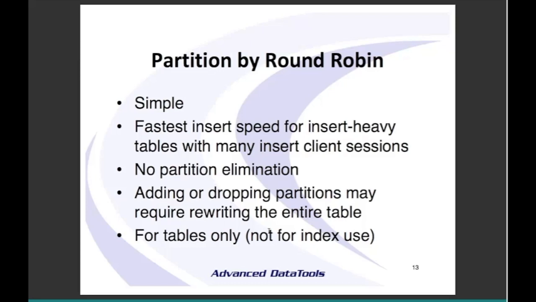In fact, there's a little bit of overhead with that. And lastly, round robin only works for tables. It doesn't work for indexes. And I'm going to talk about indexes later because they're a whole separate problem with partitioning. But when you partition something by round robin, you put the index someplace, and there's one index for however many partitions you have.